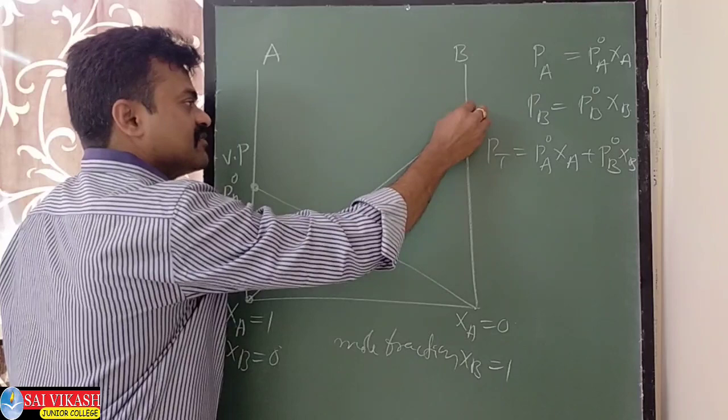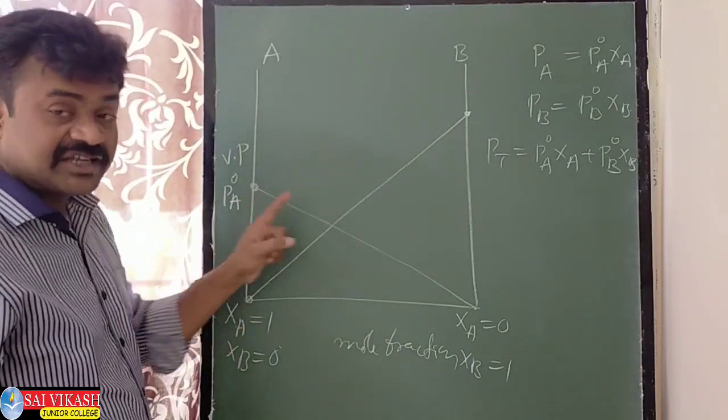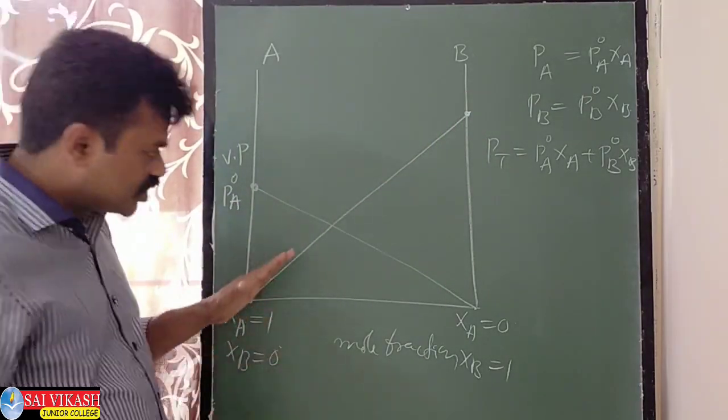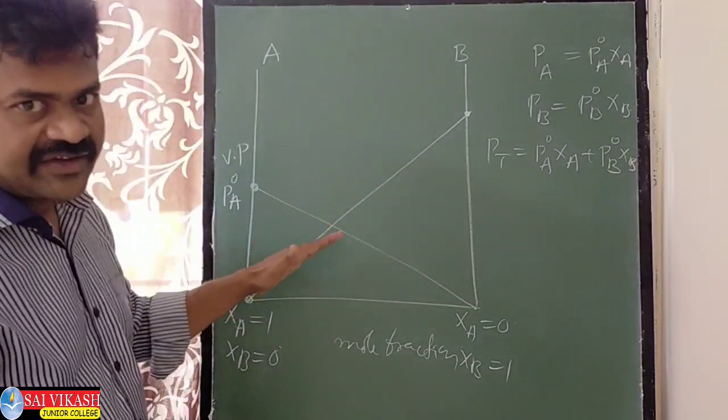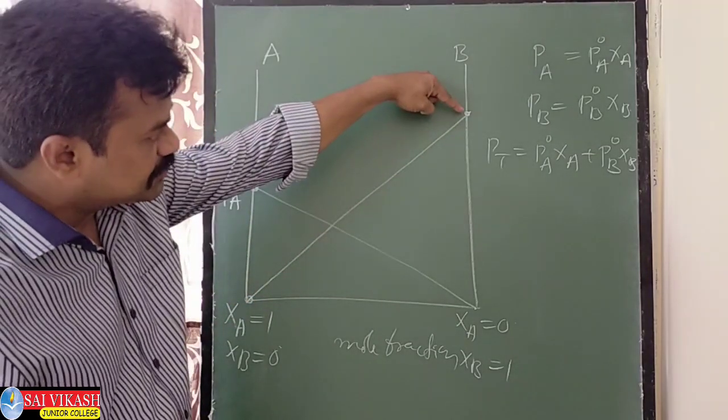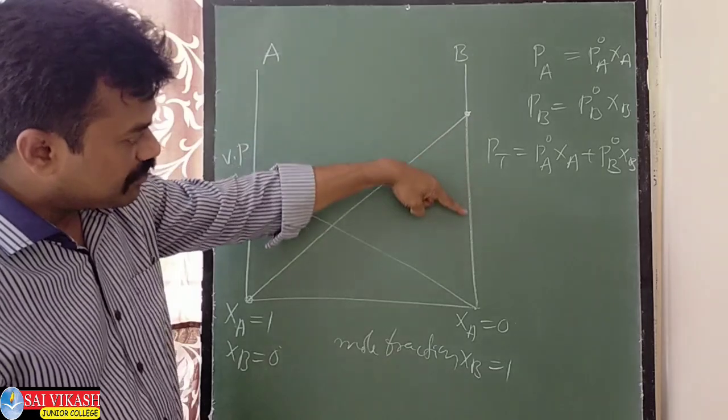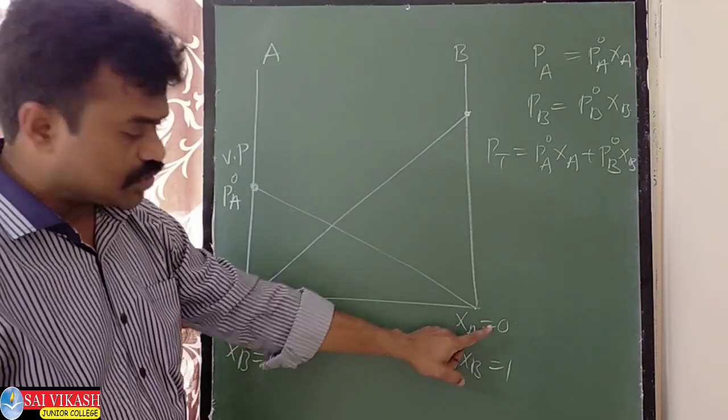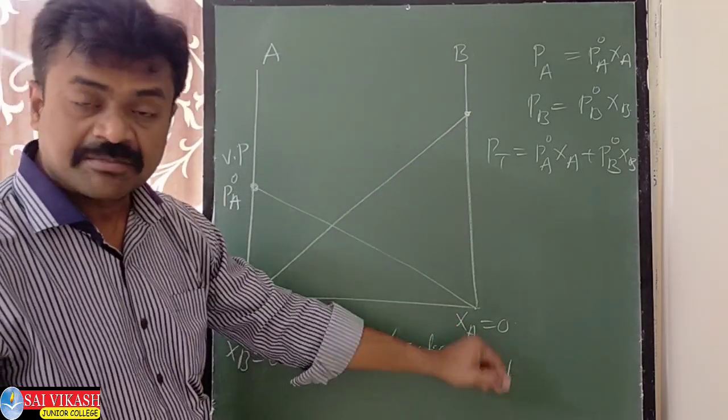Here it touches now. I will tell you why it is coming. If you concentrate on this graph, at this point the mole fraction of A is 0 and the mole fraction of B is completely 1.